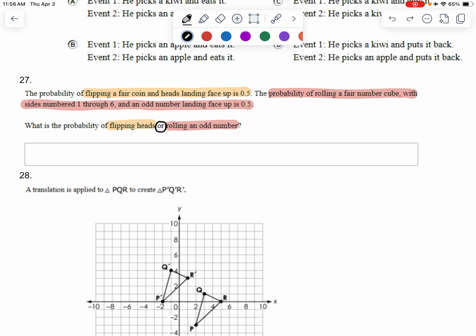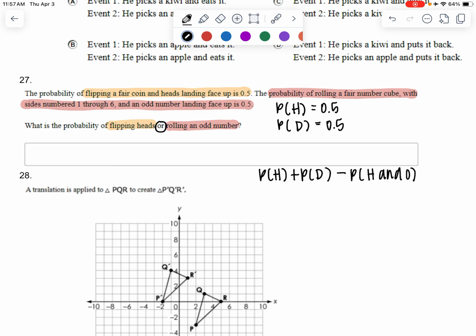Okay, so the probability of flipping heads, right, is 0.5. The probability of rolling an odd number, let's put D for odd, I don't know why, is going to be 0.5 as well. The formula for finding or is going to be the probability of heads plus the probability of odd minus the probability of heads and odd. So if we were to write out the whole sample space, it would take us quite a bit of time.